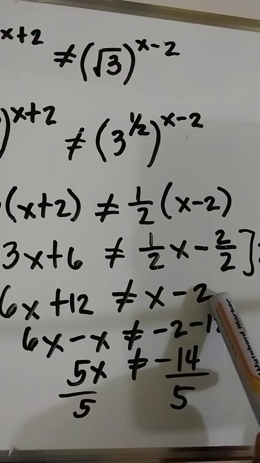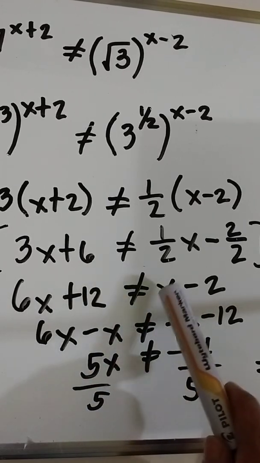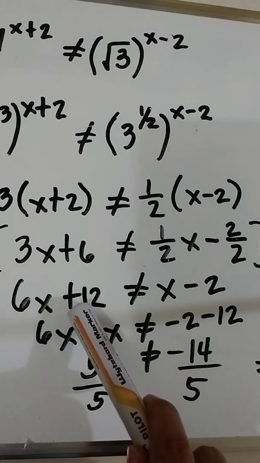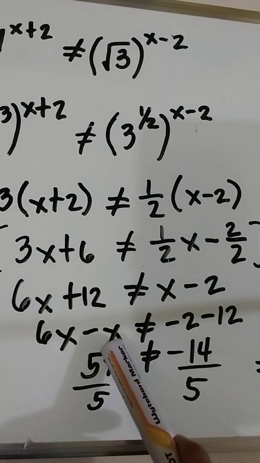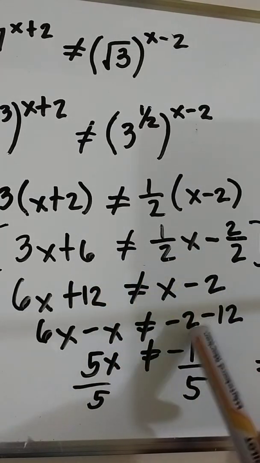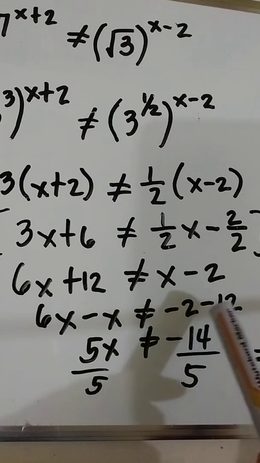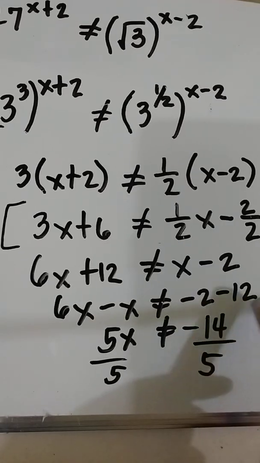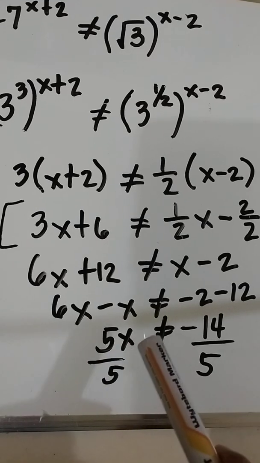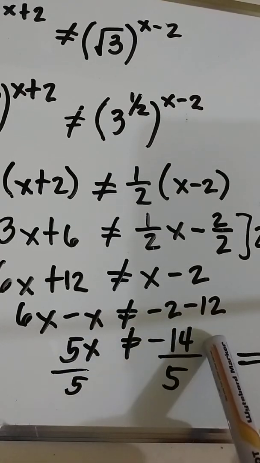After that, you have to combine similar terms. So this x will be transposed on the other side. It will become 6x minus x. Then this positive 12 transposed to the other side will become negative. That's why we have not equal to negative 2 minus 12. So combine 6x minus x is 5x, not equal to negative 2 minus 12 is negative 14.